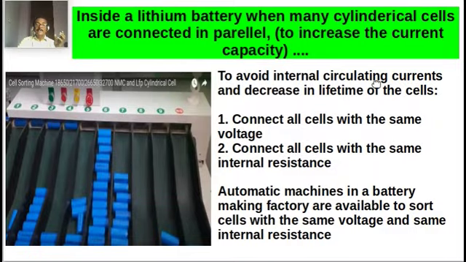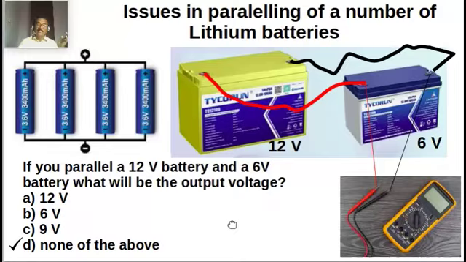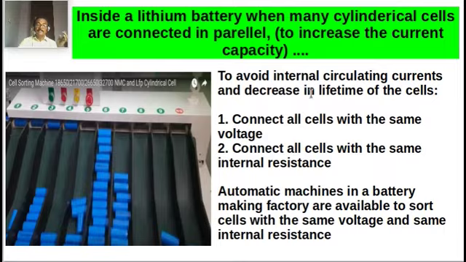To avoid the internal circulating currents and to avoid a decrease in the lifetime of the cells, number one, connect all cells with the same voltage. In the previous circuit, if the two voltages are equal, then the current will be 0, so we have no issues. But how do you know two batteries have the same exact voltage?